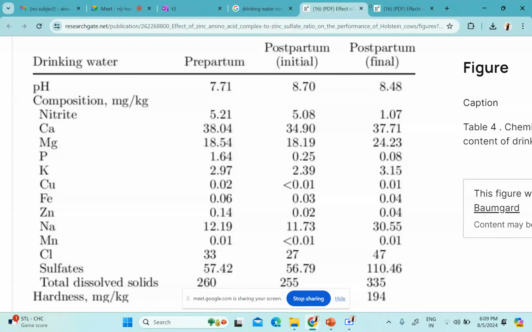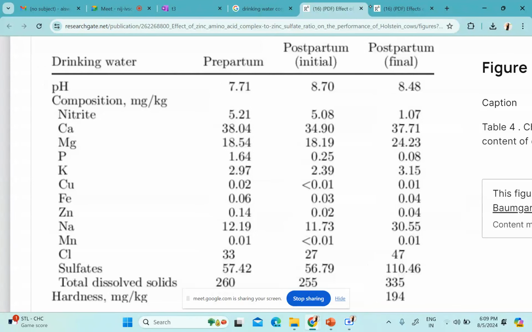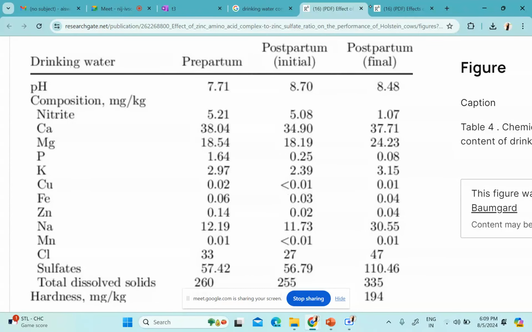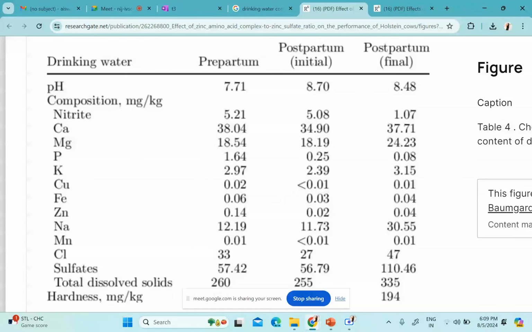But when the concentration increases from different external sources, so the permitted quantity of these minerals is exceeded, that is called contaminated water.